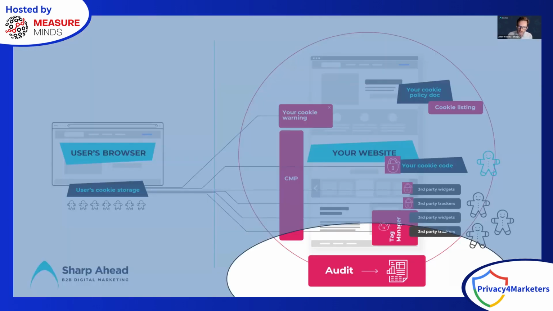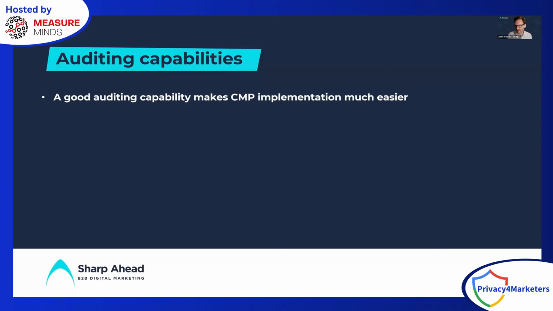Next thing I want to talk about, as I said at the beginning, is the auditing capability of the CMP, which is really important in multiple ways. The first thing is, when you are initially implementing a CMP, if the audit tool is good, it will help you identify all the things on your site that are causing compliance problems, all the things that read and write cookies, and it'll help you map out what strategies you're going to use.